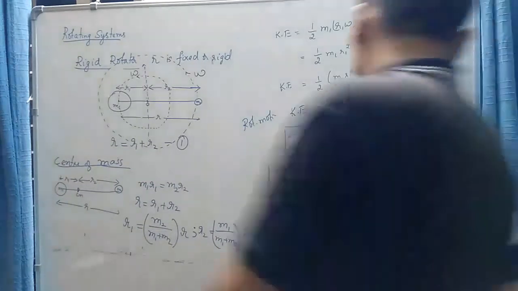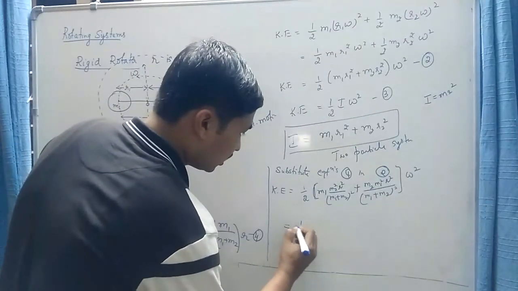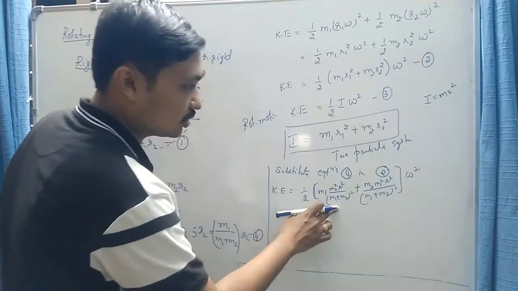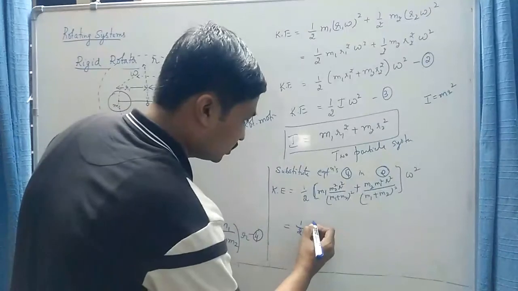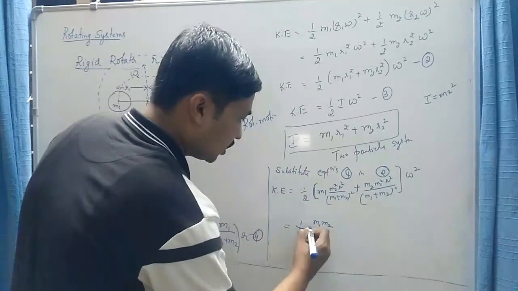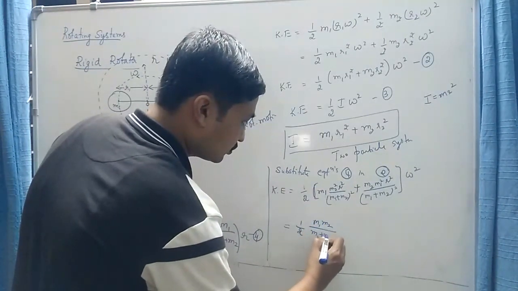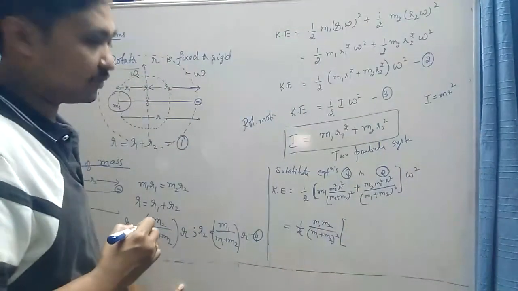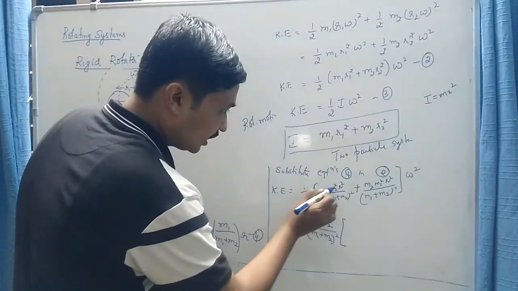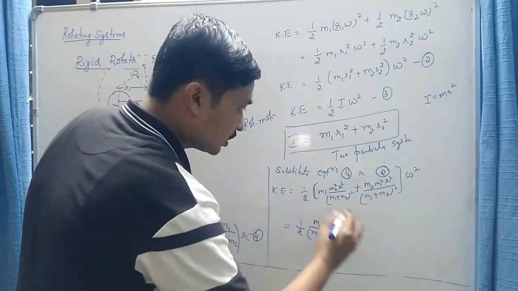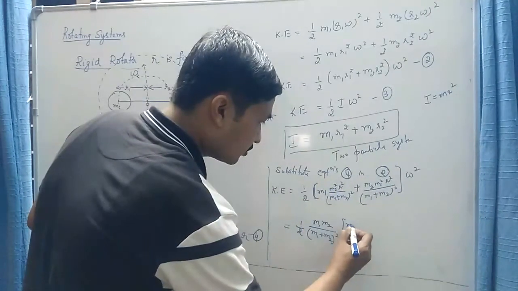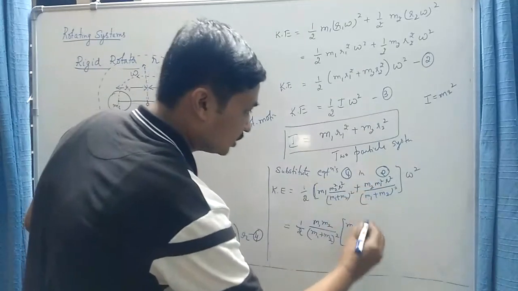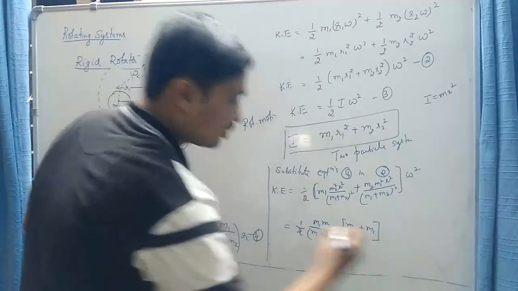If I simplify these terms inside the bracket, this is half. In the numerator, m1 m2 is common, and in the denominator, m1 plus m2 square is common. So m1 into m2 divided by m1 plus m2 square is the common term, and what we have left inside the bracket, since I have taken m1 and m2 as common, is m2 plus m1.